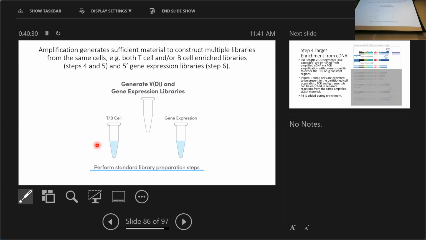So this is a regular single cell RNA. So this side will be T cell or B cell receptor. Okay, so this is a regular gene.